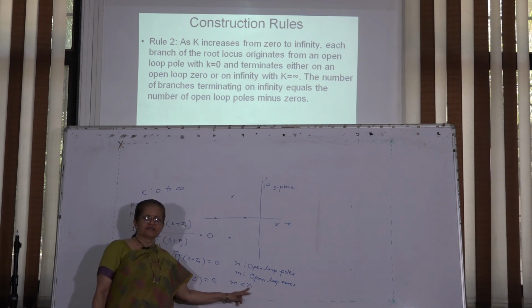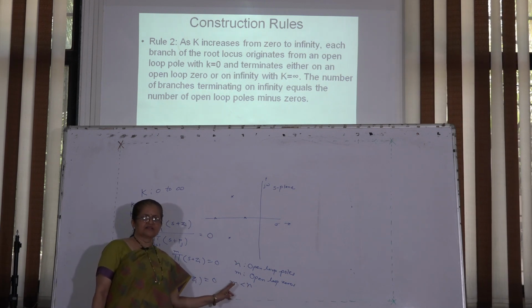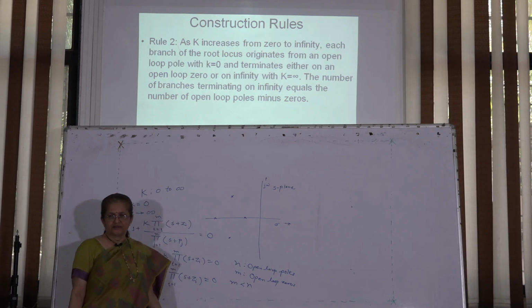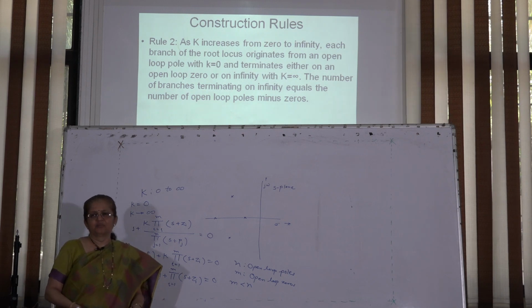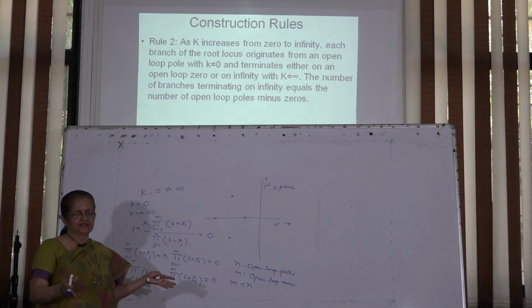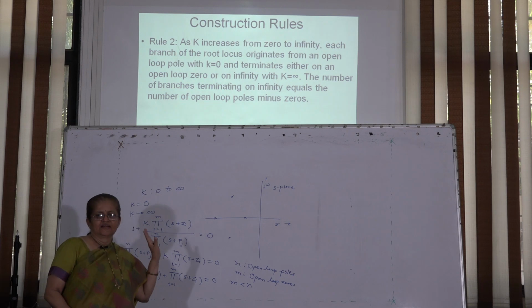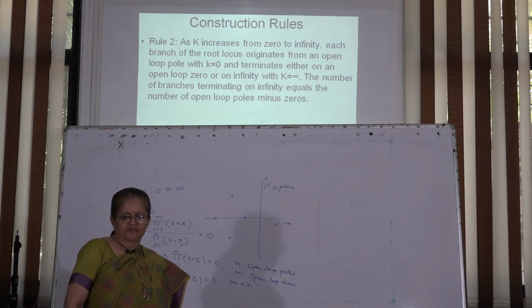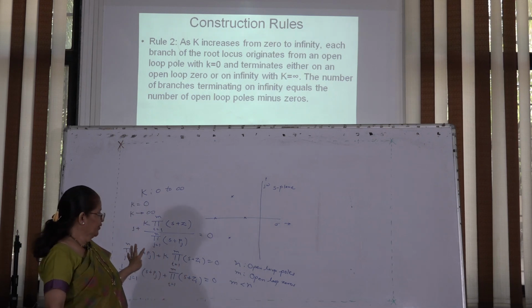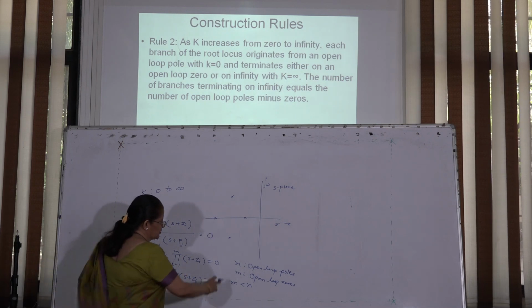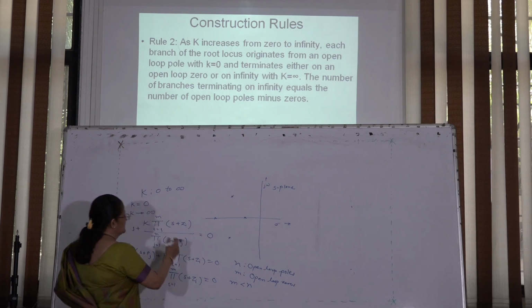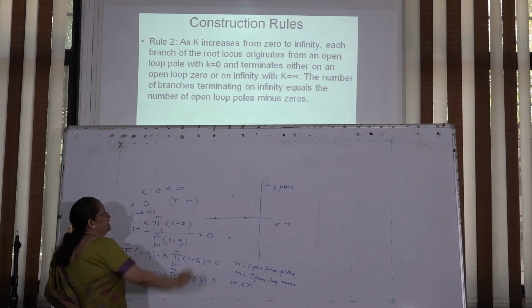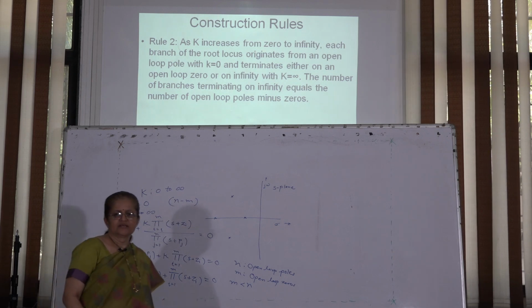Out of n branches, n minus m branches will terminate at the zeros. What about the remaining? The remaining will go towards infinity. So, this rule says that the number of branches terminating on infinity equals the number of open loop poles minus zeros. So, we will get n minus m branches terminating towards infinity.